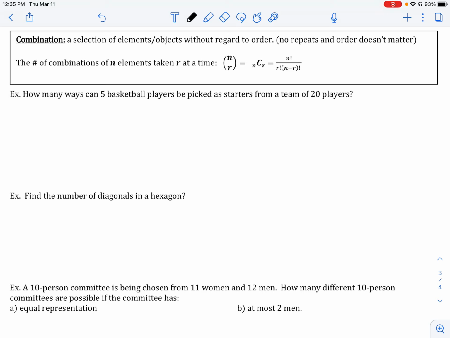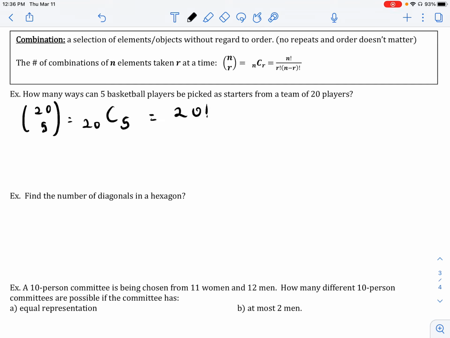Now, this is a bit different from a permutation because unlike the officer problem with the clubs, where once one player was put in a specific spot, that rules out that player from being in another officer position, this time we have 20 choose 5, which I can write that way. I can also write it as 20 choose 5.